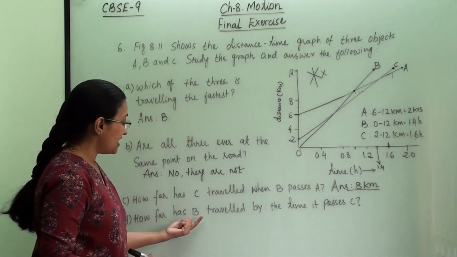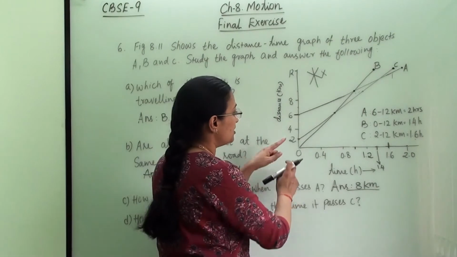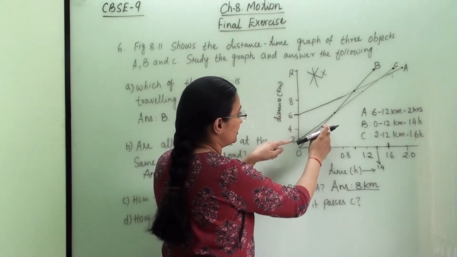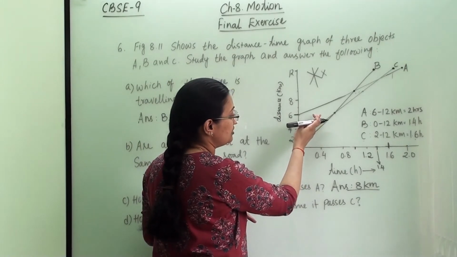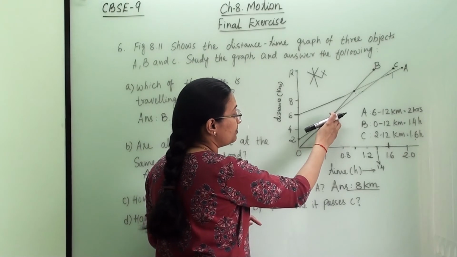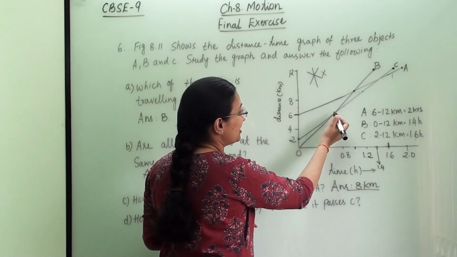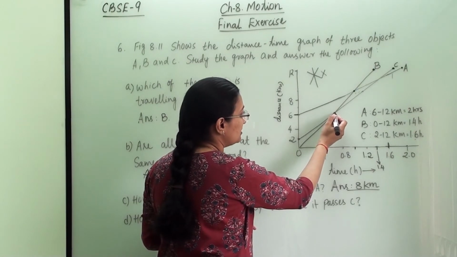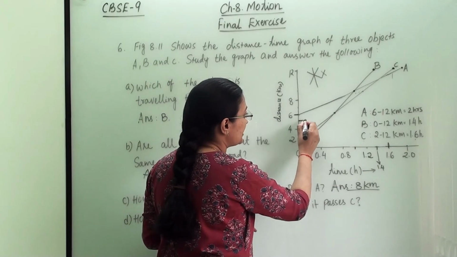Then how far has B travelled by the time it passes C? Here both travel lines are different. Their kilometers are different because B is a little bit faster than C. So both kilometers are different, but they are crossing each other over here. When they pass each other, B is reaching somewhere here.